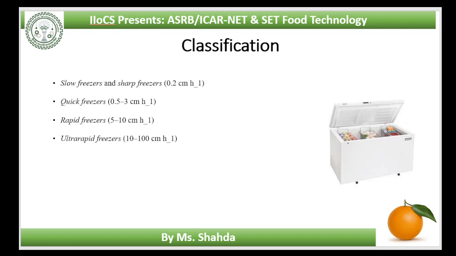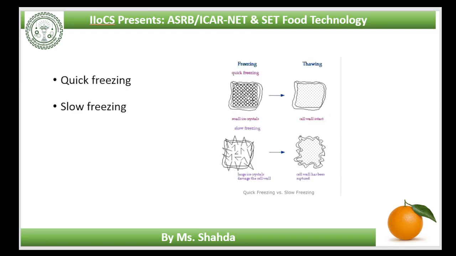Rapid freezers, 5 to 10 cm per hour, including fluidized bed freezers. Ultra rapid freezers, 10 to 100 cm per hour, that is cryogenic freezers. All freezers are insulated with expanded polystyrene, polyurethane and other materials which have low thermal conductivity.